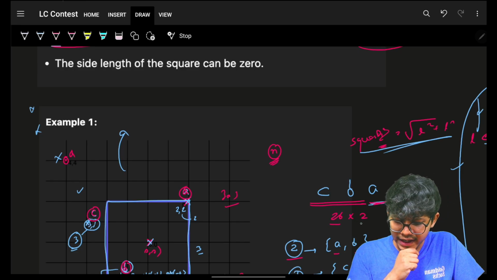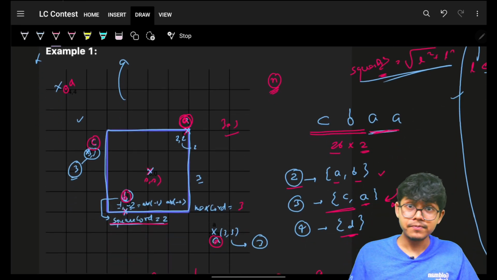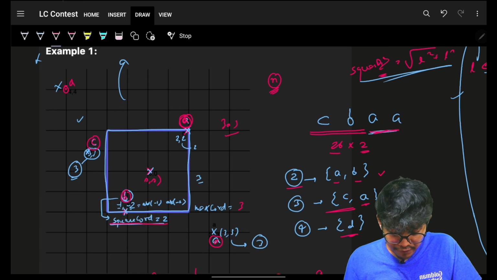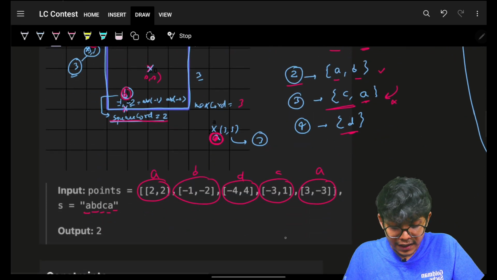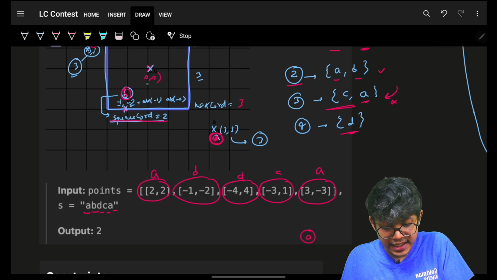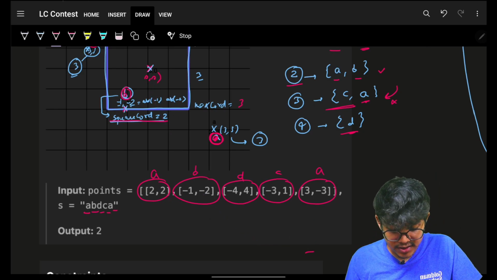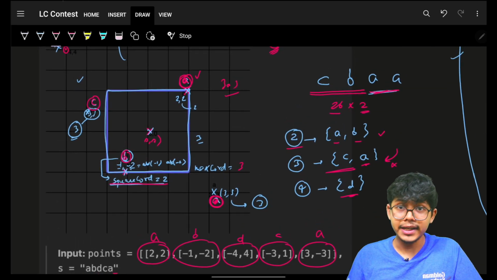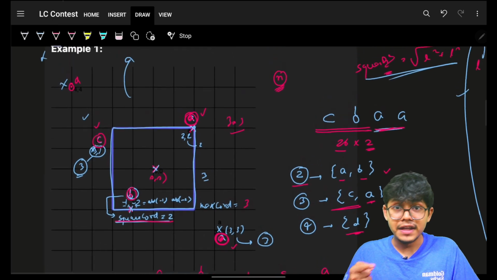But Aryan, why into 2 points? Because as soon as I grab an A, I am just concerned about when the next A will come. And no matter what, if any other A is coming farther away, I am not concerned about it. If I have got a C, when will the next C come?